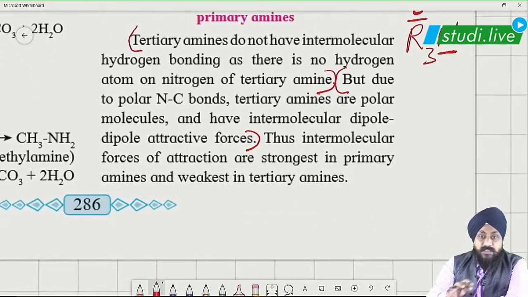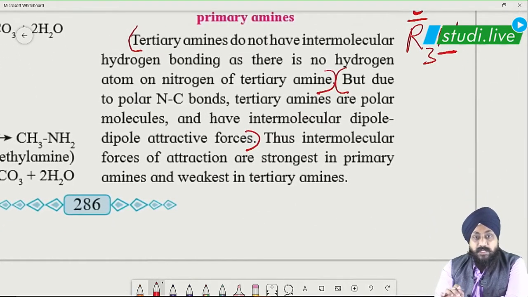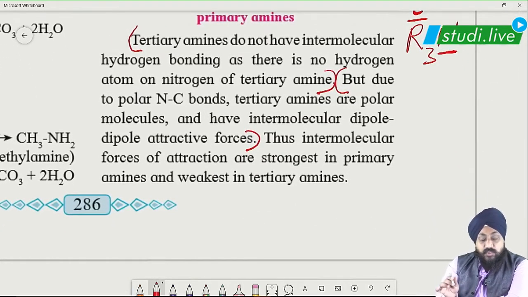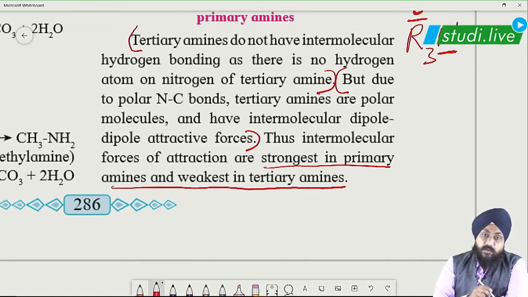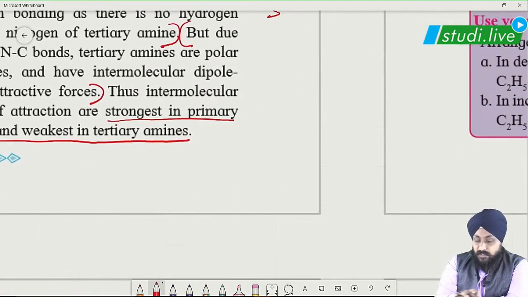Now, another case: intermolecular forces of attraction are strong in primary amine because it forms hydrogen bonding, and weakest in tertiary amine, because it forms only dipole attractive forces, students.